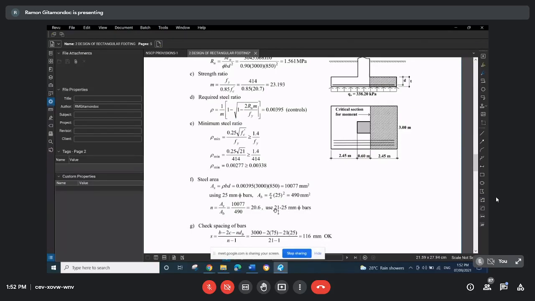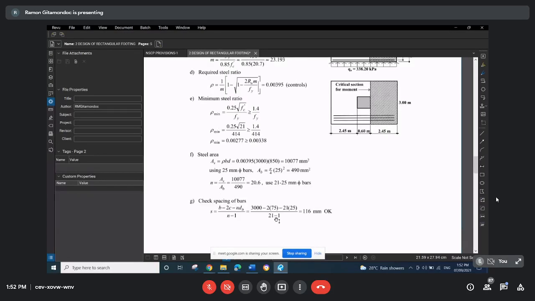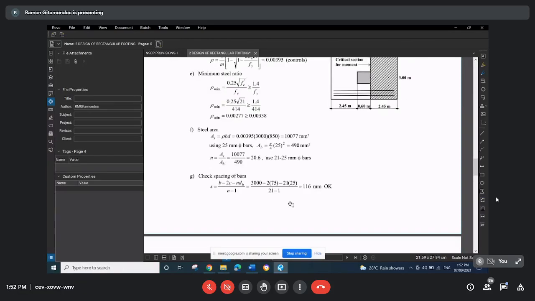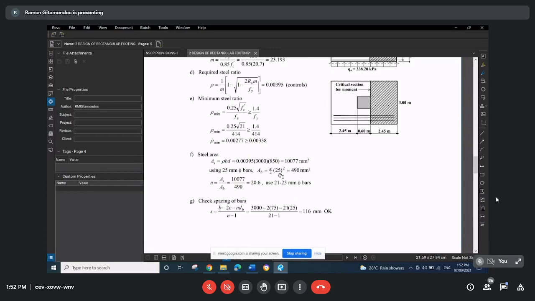Now the 21 pieces of 25 mm diameter bars will be distributed evenly across the short way, equalizing the spacing. If you compute the spacing, we have this formula which I think you can easily follow, which we get 116 mm. So that is greater than 75 and less than 200. So that's okay.